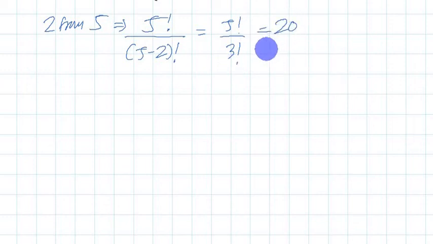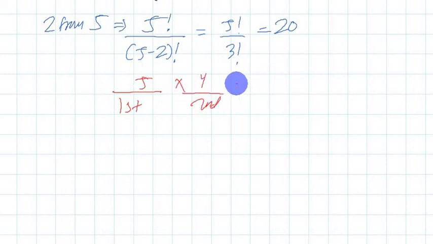Now, if we're just going to use the fundamental principle of counting, because this is also something quite basic, we have two places. The first place, there are 5 options. For the first place, I can have 5 because there are top 5. And then for the second place, I can have 4. So 5 times 4 is also 20.